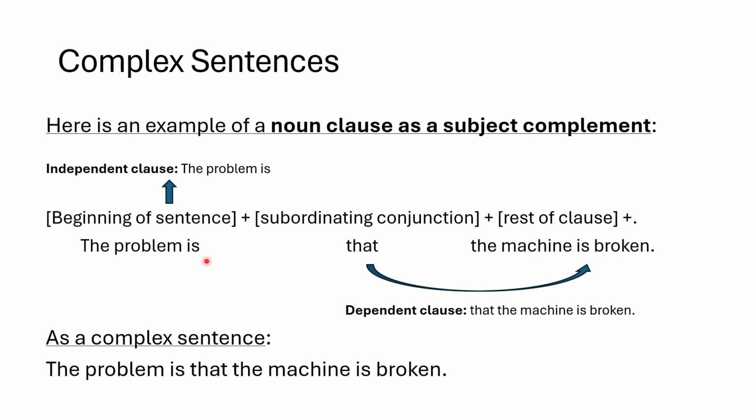It comes after the linking verb, and as a noun clause, it explains or identifies the subject. As a complex sentence, it sounds like this. The problem is that the machine is broken.